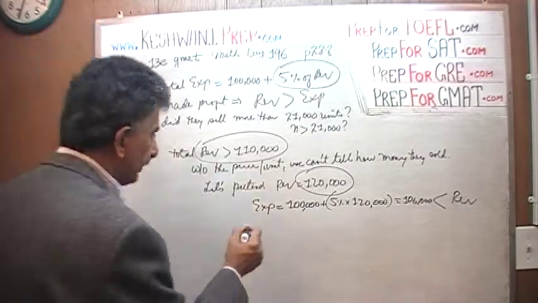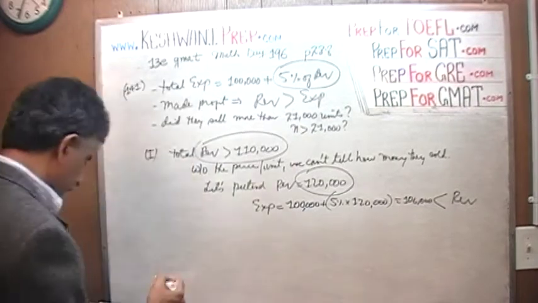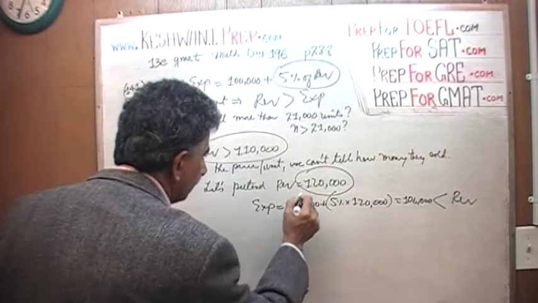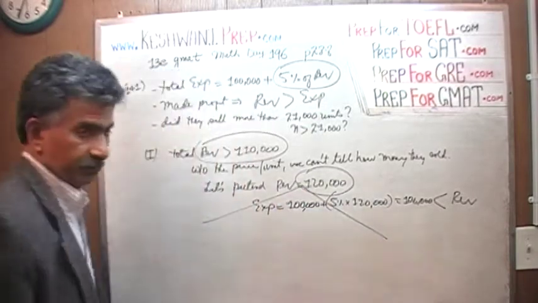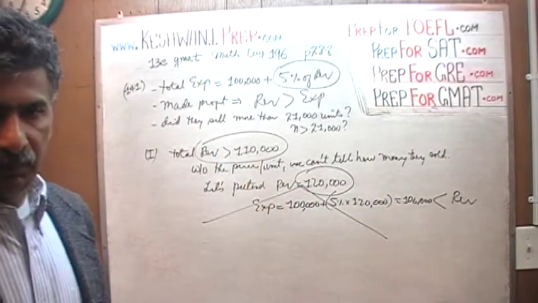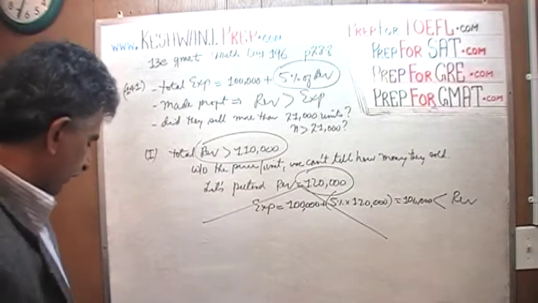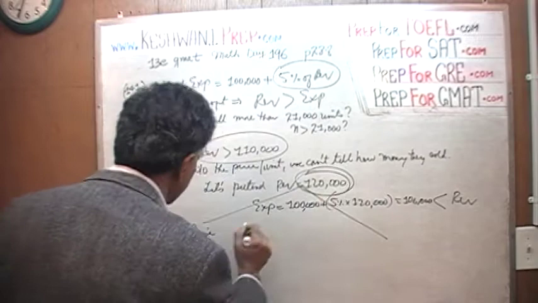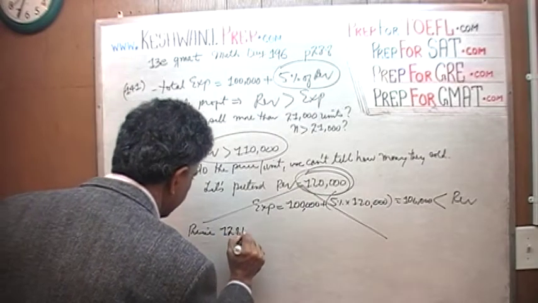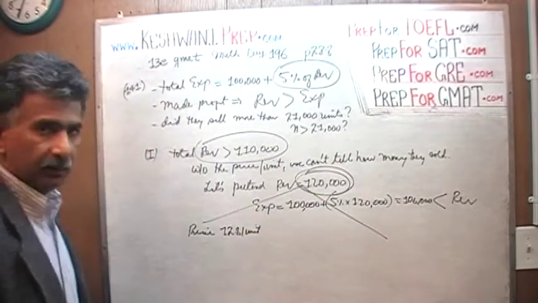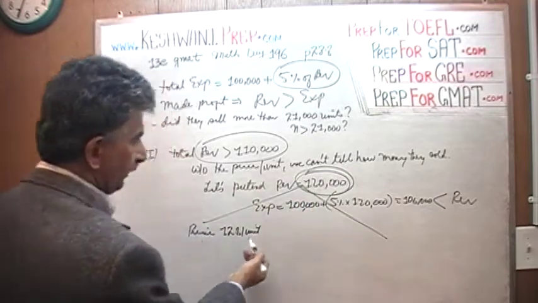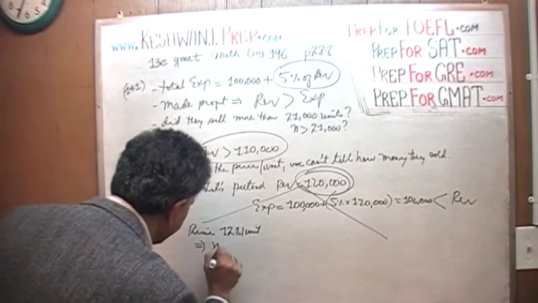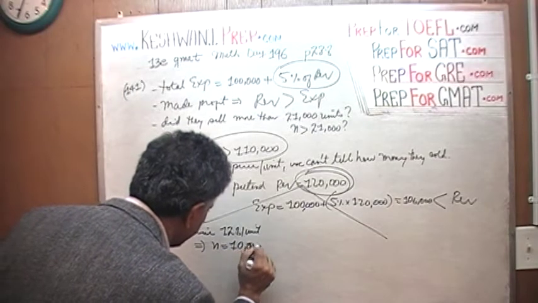But the $120,000 revenue could come from zillions of possibilities, infinite possibilities, but two possibilities might be these. Maybe the price that they were charging, let's pretend, was $12 per unit, to keep our math simple. 120,000 divided by $12 will give us a total of 10,000 units.